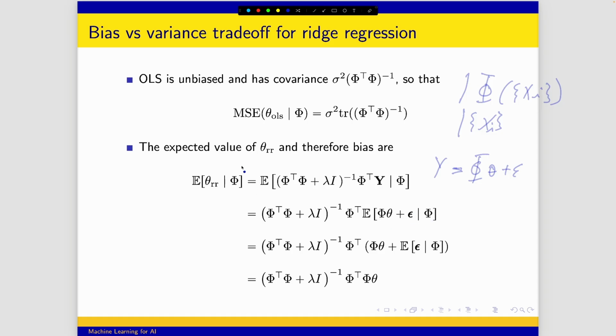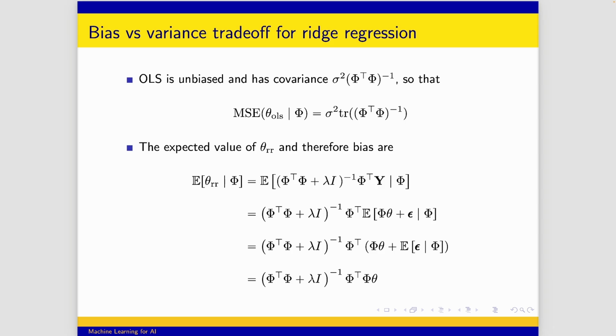Now, in the ordinary least squares solution, one of the main assumptions we make is that the expected value of our vector of errors conditioned on all of the inputs, or on phi equivalently, is the 0 vector. So this is the 0 vector, and we end up with just this, which is the expected value of our ridge solution.